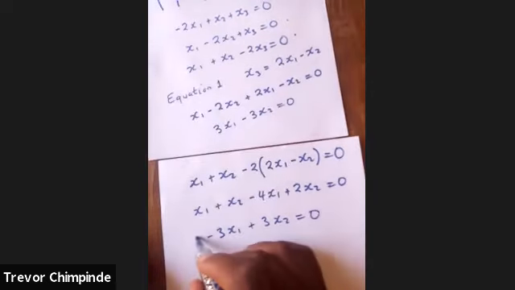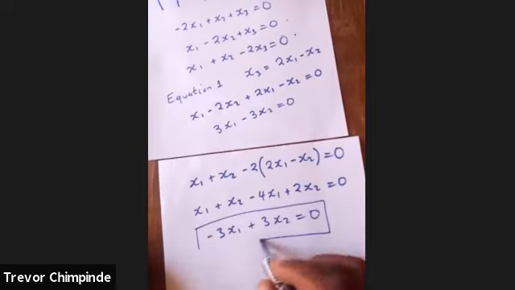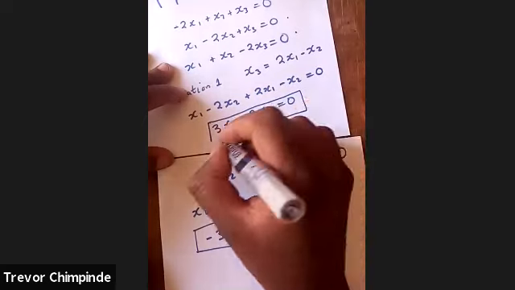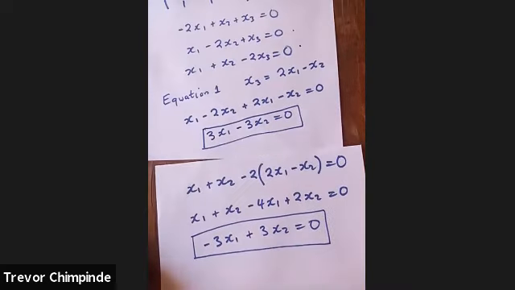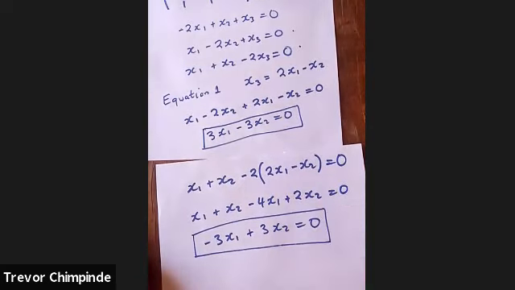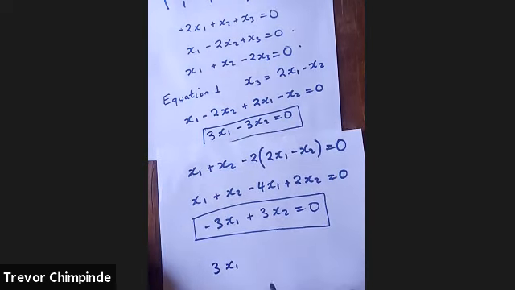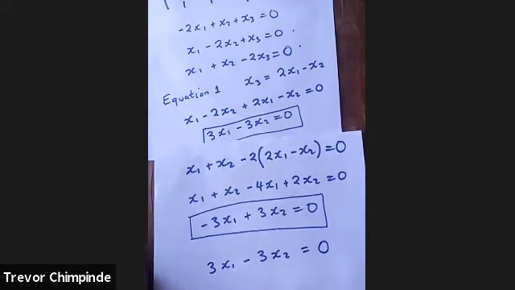If you compare these equations, they're actually the same. If you multiply this one by -1, you get back this one. So again, you can just work with one. Let's work with 3x1 minus 3x2 is equal to 0.